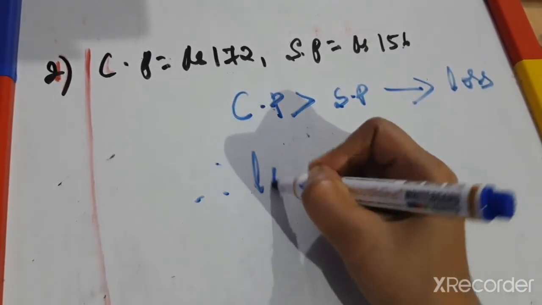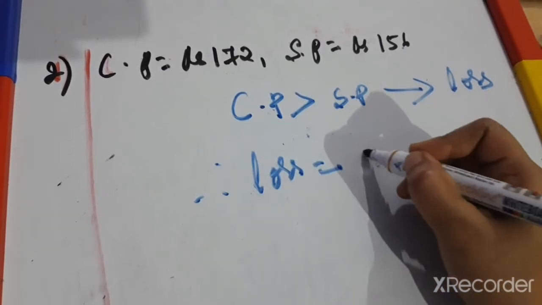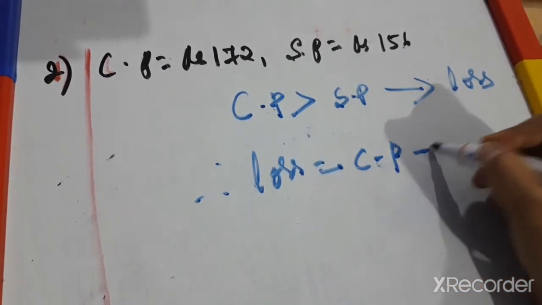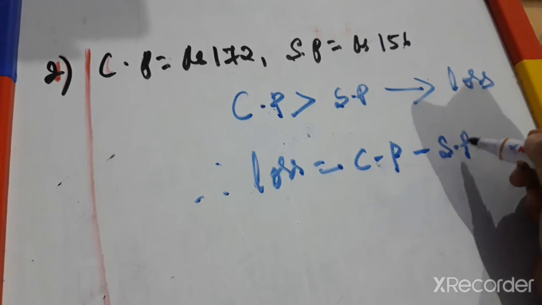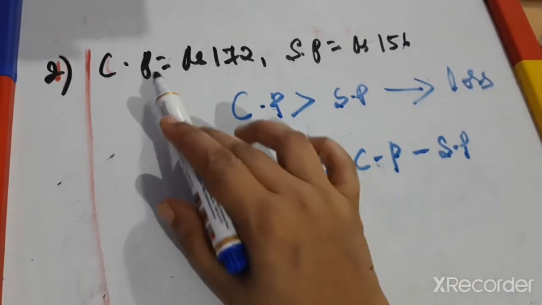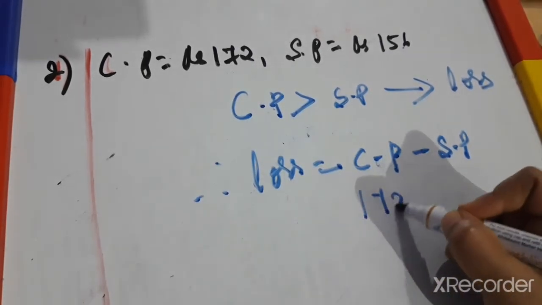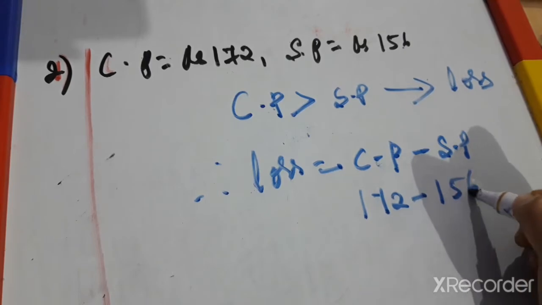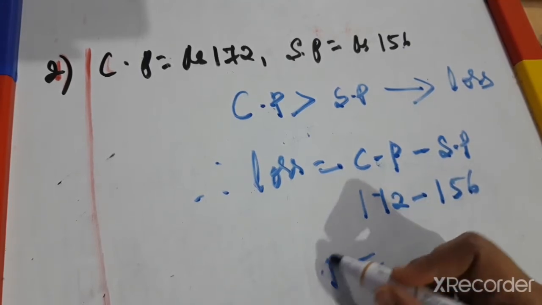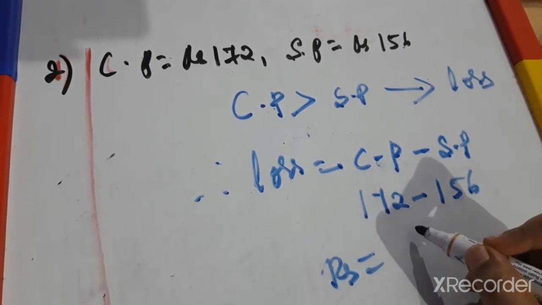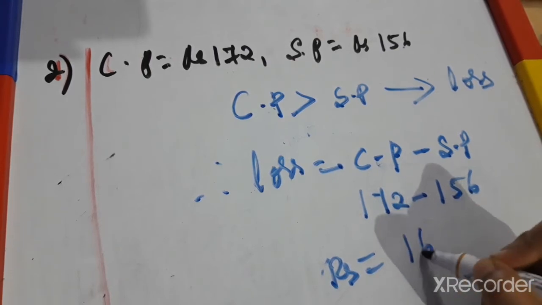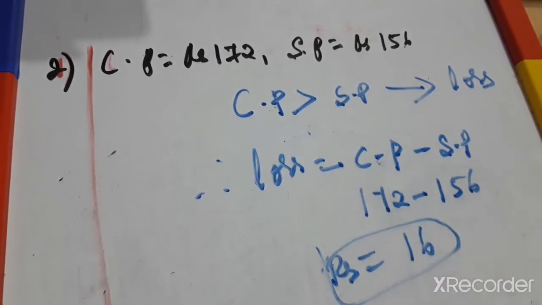Therefore, loss formula: CP minus SP. 172 minus 156 means 16. Answer is 16 rupees.